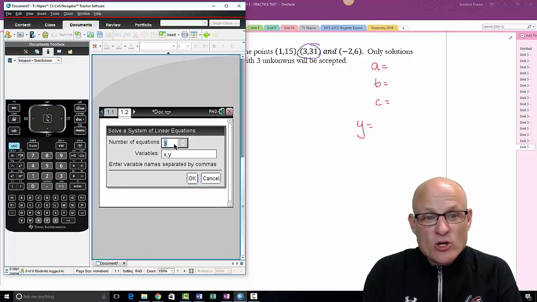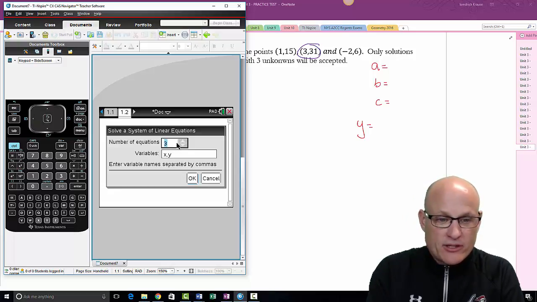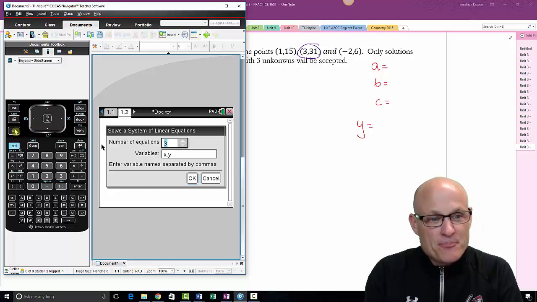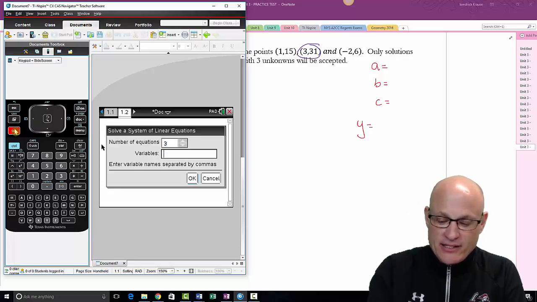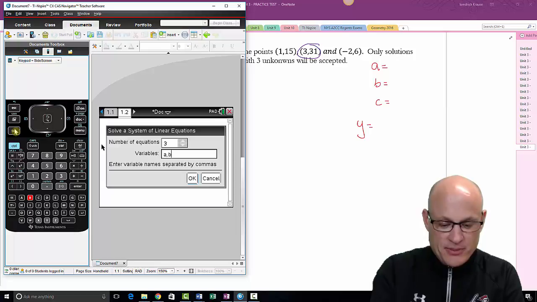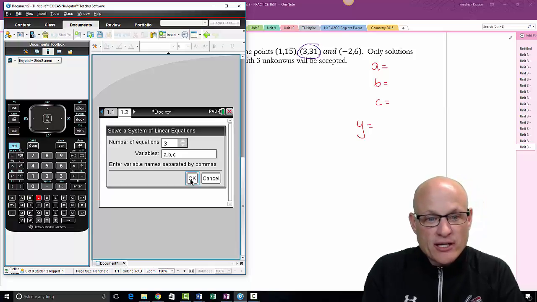3 equations. Now, in order to get to the next point, because I know you guys keep pressing the down arrow and it's not working, hit this tab button. It takes you to the next thing. Delete all that. a, comma, b, comma, c. Click OK.